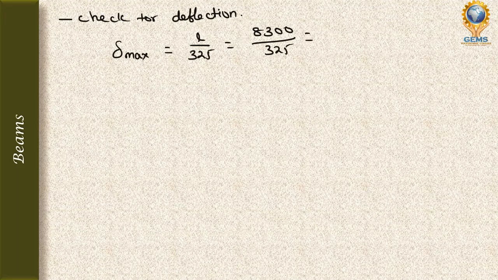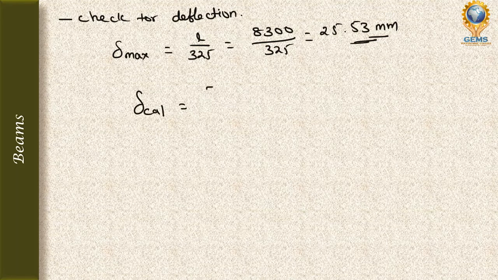So it comes to 25.53 mm. Now we have to calculate the deflection of the section, and that calculated deflection should be less than or equal to the maximum deflection.